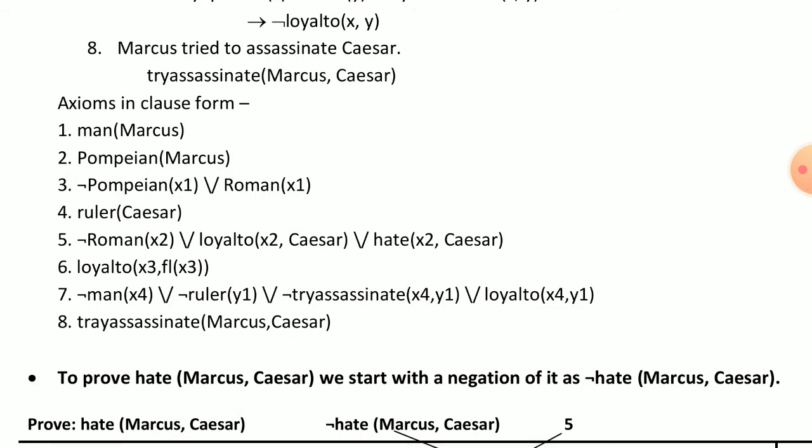Now we can prove hate Marcus comma Caesar. So we start with a negation of it as not hate Marcus comma Caesar.